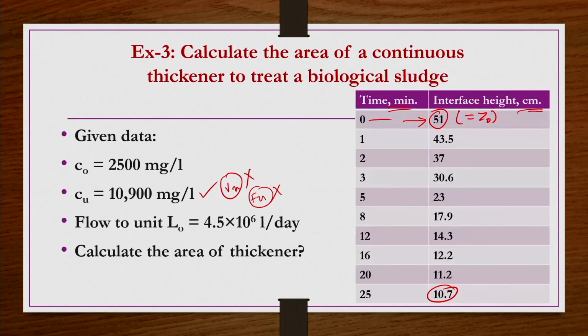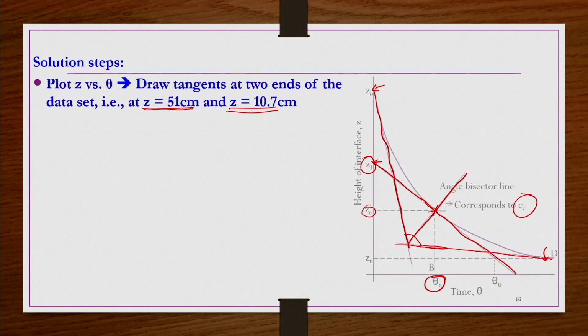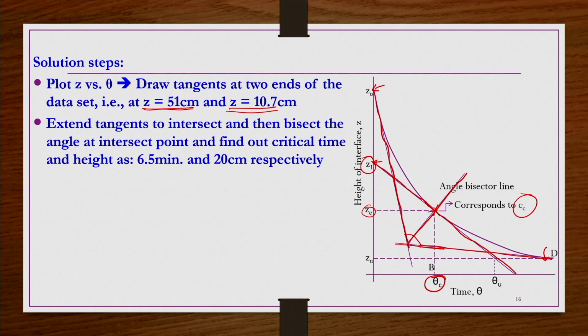Zu is not given here in the problem, so we will see. By doing this we get theta c as 6.5 minutes, and Zc is approximately 20 centimeters.